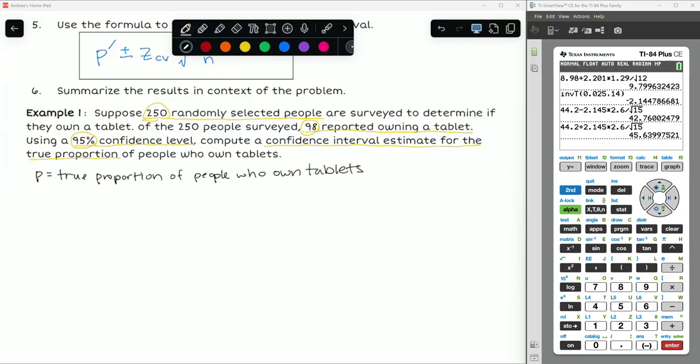I'm then given a bunch of information. I know my sample size is 250. I know that the number of successes in my sample was 98. That's how many own tablets.